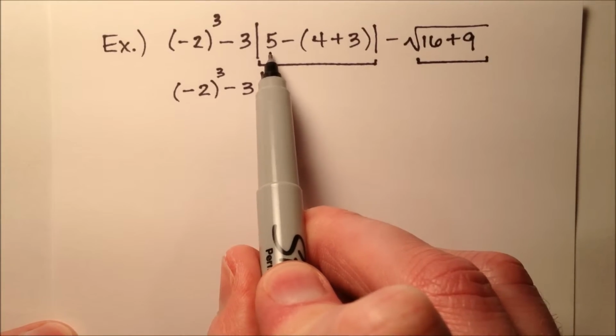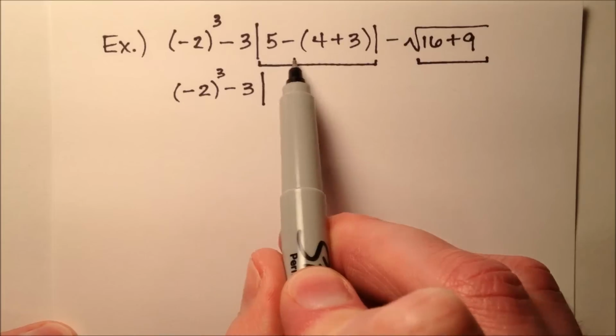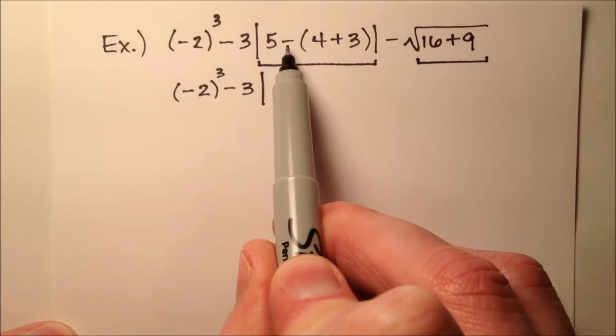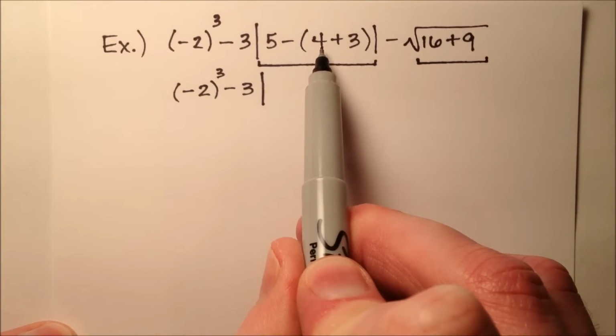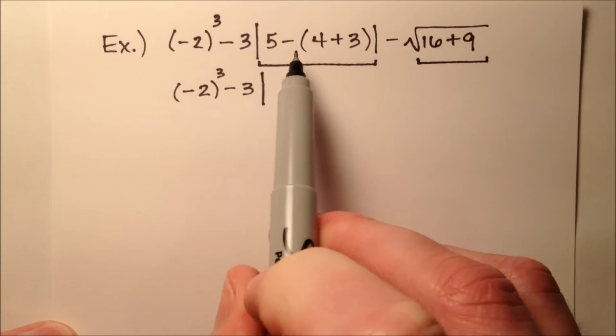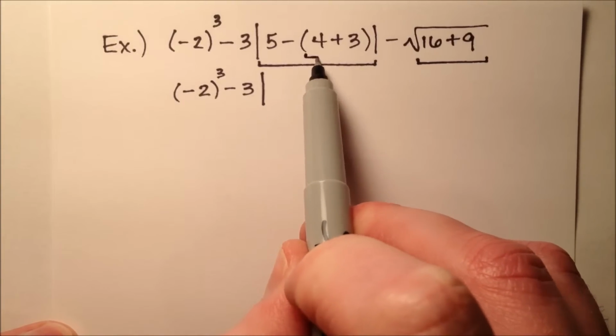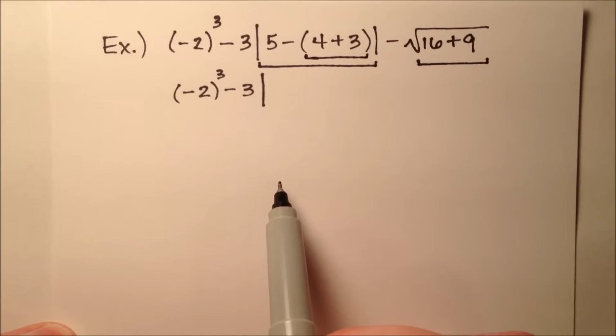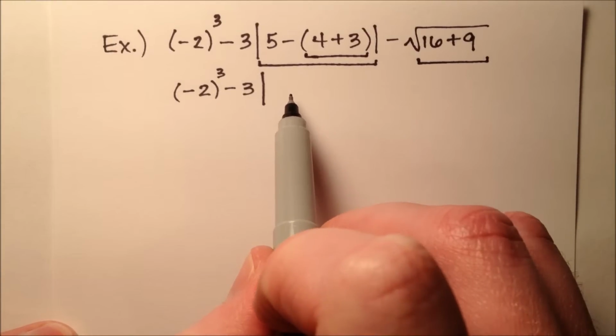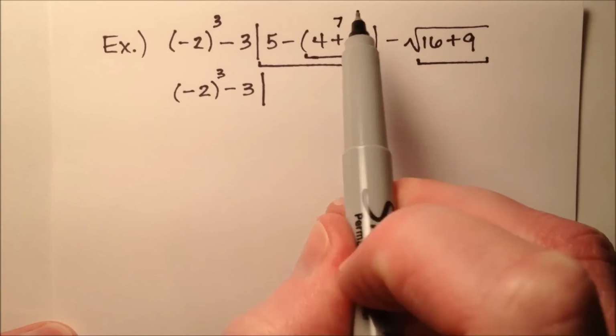So inside this first grouping symbol, the absolute value bars, I have 5 minus the quantity 4 plus 3. Notice inside my grouping symbols, I have more grouping symbols. So this 4 plus 3 is going to get done first. And 4 plus 3 is going to be 7.